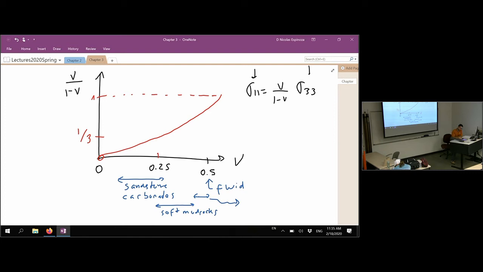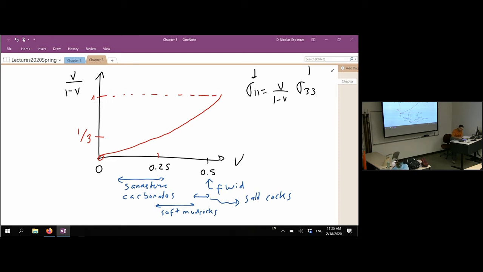But for example, salt rocks, they tend to creep, and they don't like shear stresses, so they will always tend to a hydrostatic state of stress or an isotropic state of stress, in which the stresses are all the same in all directions.